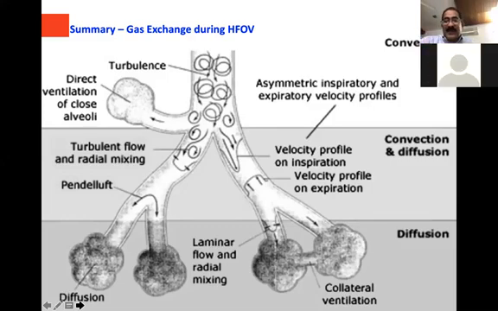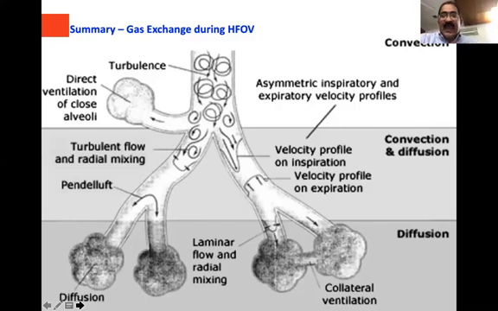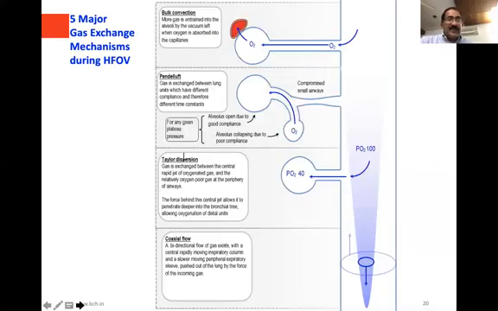So this summarizes both your convection as well as your diffusion. And the last is your diffusion, where you have your laminar flow and radial mixing and your collateral ventilation as well. Next slide, please.